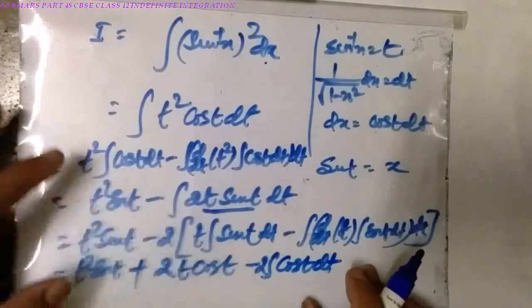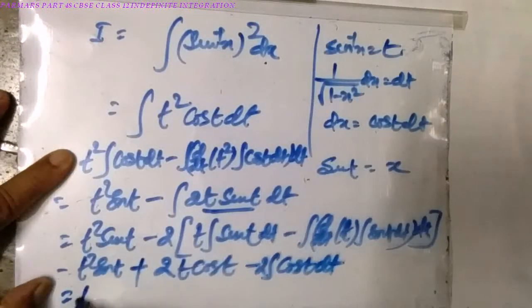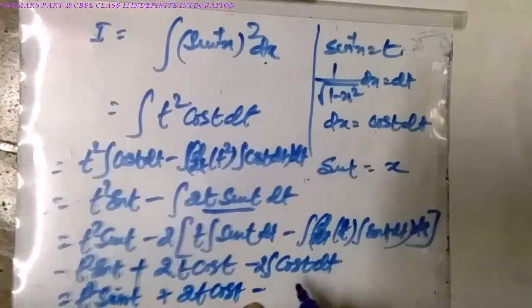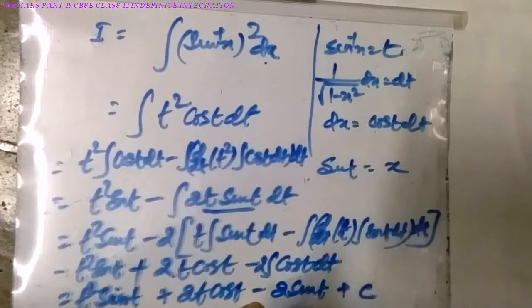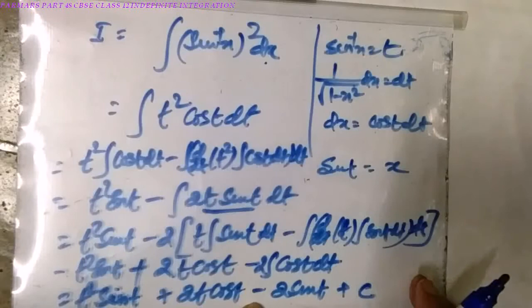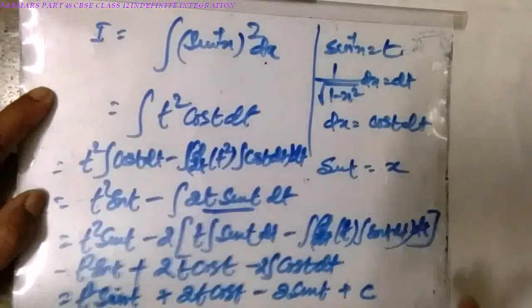So to end, in terms of t, it is t square sin t plus 2t cos t minus 2 sin t, the integration of cos t, plus c. Now just replace all the t's in terms of x.